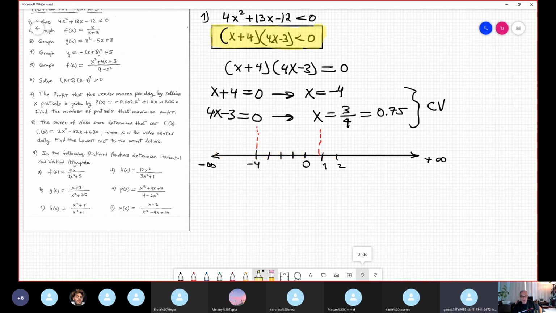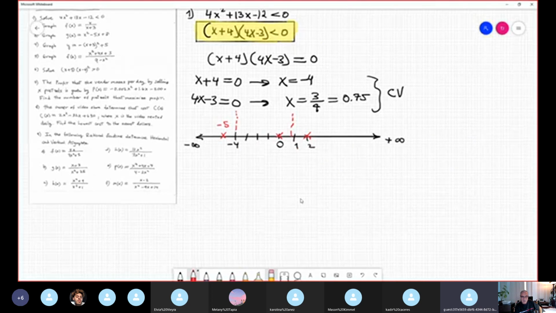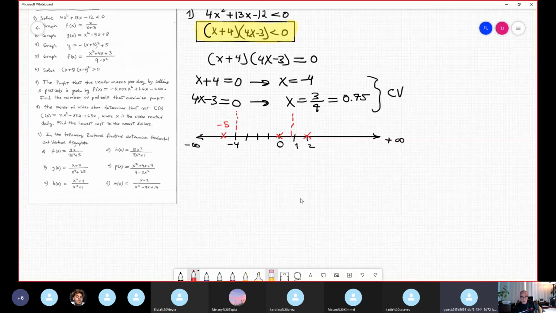For example, I pick negative 5, which belongs to this interval only. Then 0, which is easy to evaluate, belongs to the second interval. And 2 or 3 or 4 or 5 for the last one. Remember, it doesn't matter which value you select. This point I put in red cross is the testing point.